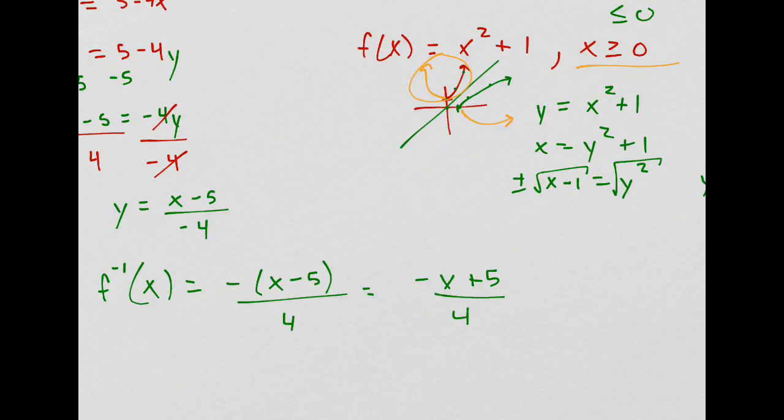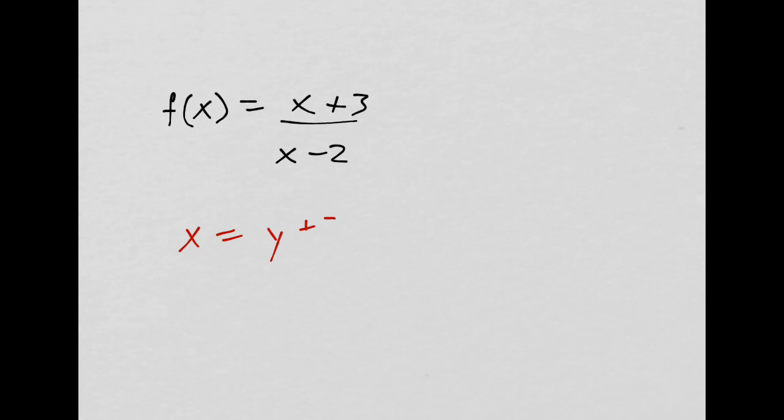Hopefully that makes sense. Maybe one more example real quick, because I feel like people would get confused on this. So if I wanted to switch and solve for something like this, x plus 3 over x minus 2. It's still all the same steps, so I'll change this to y. Actually, I'm going to switch it right away. So I'll have x equals y plus 3 over y minus 2.